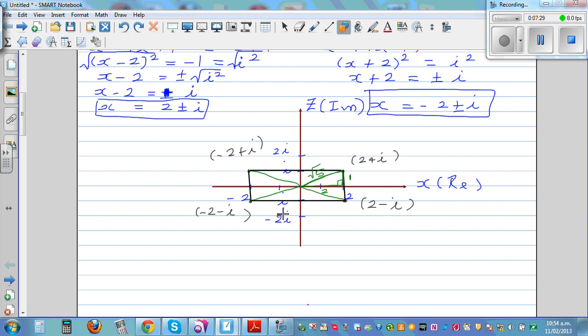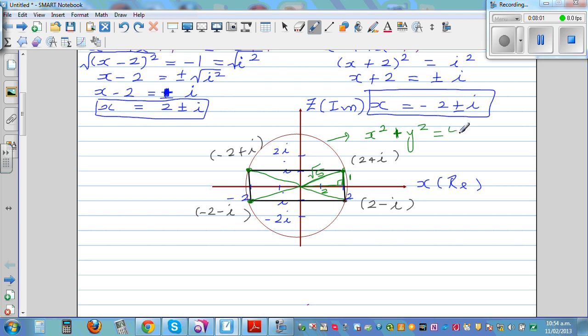Let me draw a circle, and I'll try to make it as perfect as possible. These 4 points you can see are on a circle, and these 4 points are on this circle having the equation x squared plus y squared is equal to 5.